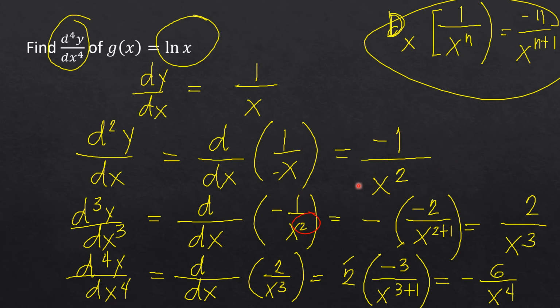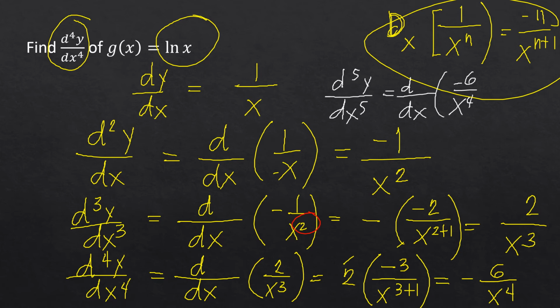Tapos pag differentiate mo ang second derivative, bibigyan kayo ng third derivative. Tuloy-tuloy lang yan. So pag tinanong sa'yo, what is the fifth derivative of that? Very simple. So getting the fifth derivative is getting the first derivative of the fourth. That is differentiating the fourth derivative, negative 6 over x raised to 4.